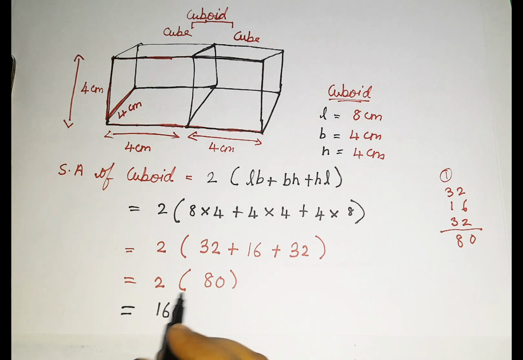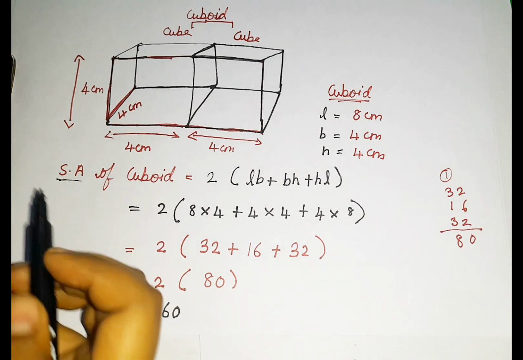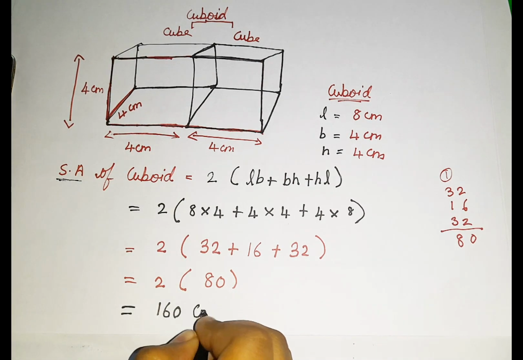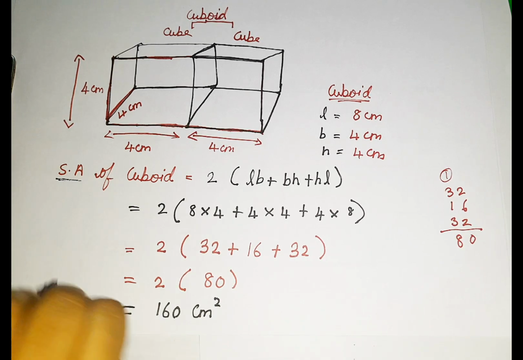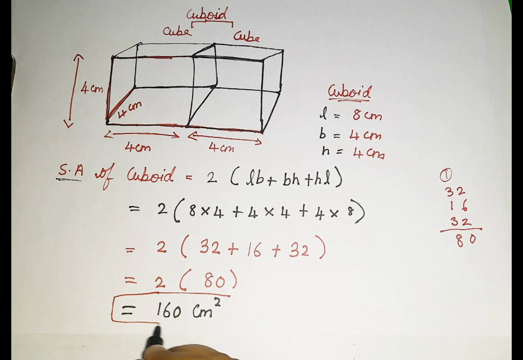We are supposed to write centimeter square, because we found the surface area. Remember, whenever we want to find surface area, curved surface area, or total surface area, we write centimeter square. Only for volume we write centimeter cube. So this is the answer.